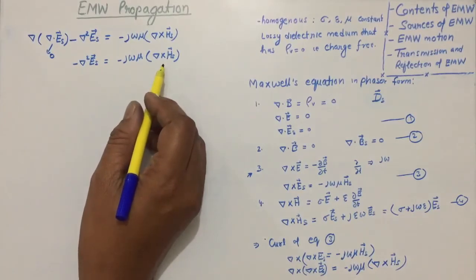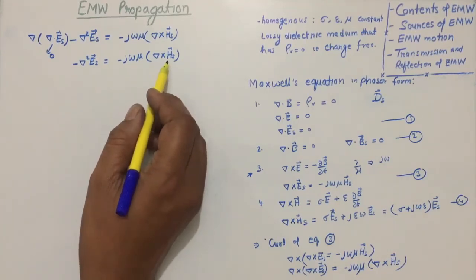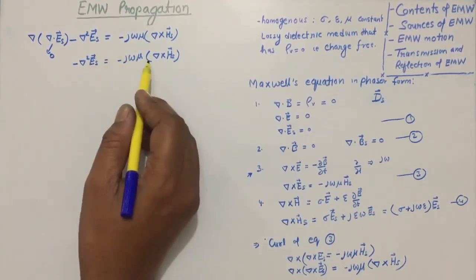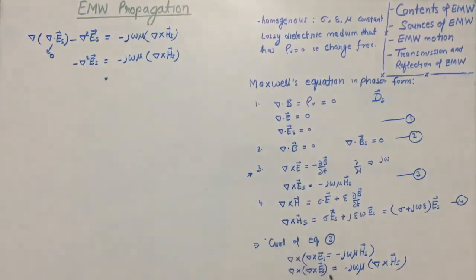That is not possible to solve. So to bring consistency, we can either bring this in E form or in H form. So it is better to transform this using the modified Ampere's law.